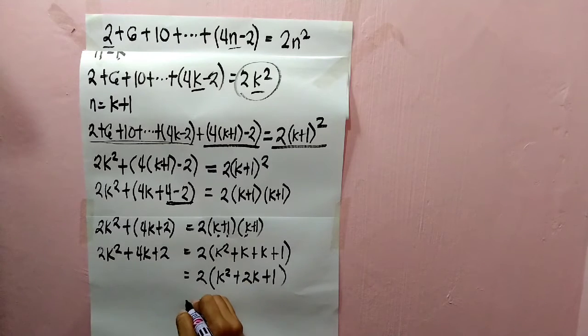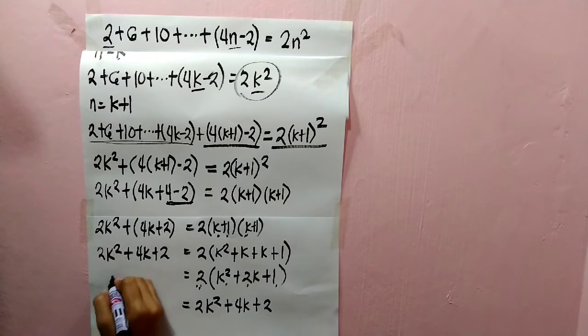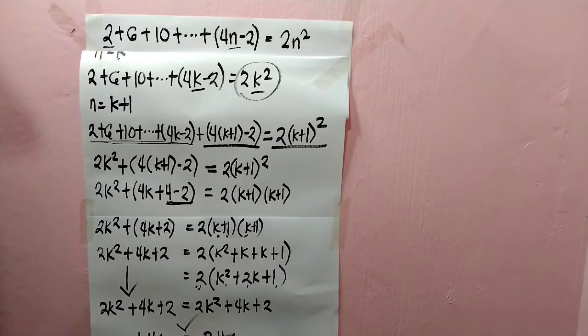Then we have 2 times k squared, 2k squared, plus 2 times 2k, we have 4k, plus 2 times 1, we have 2. So we have 2k squared plus 4k plus 2. So left hand side is equal to right hand side, so this statement is true.